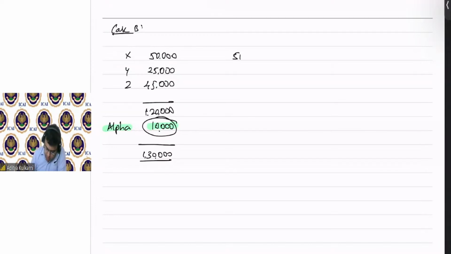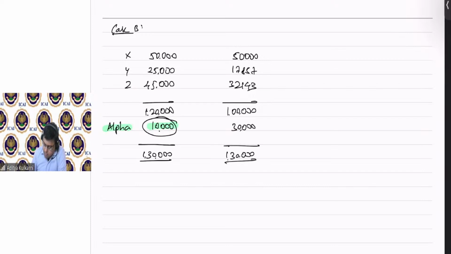So 50,000, 17,857, 32,143, total is 1 lakh. This is 1,30,000. 30,000.